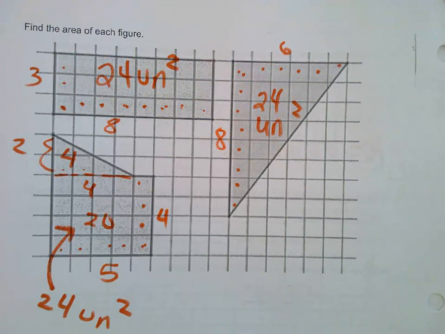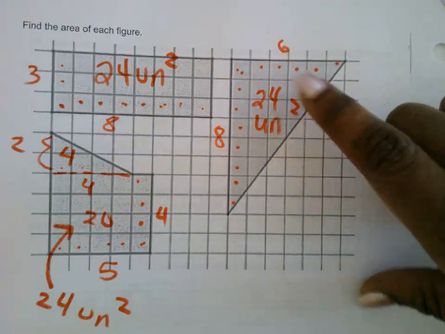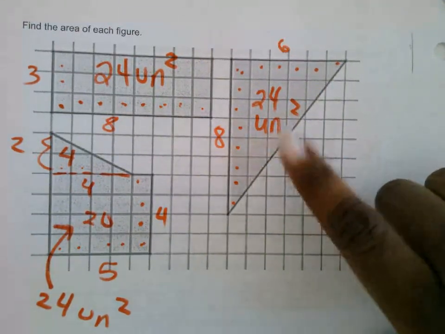Now I wanted to give you time to do it. So don't look up unless you want to check your work. You should find that all of these have the same area. 8 times 6 is 48. But this is a triangle, so you take half.